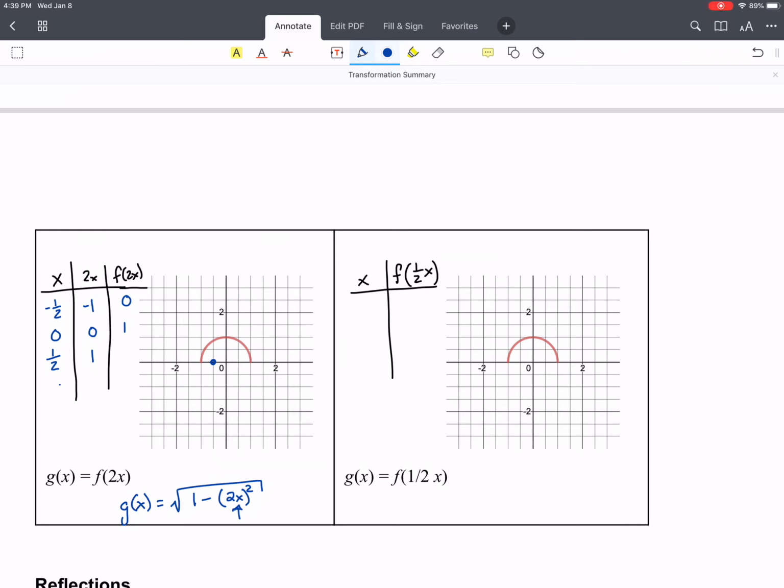When I plug in 1/2 for x, I multiply that by 2, I get 1. When I square that 1, I get 1. 1 minus 1 is 0, so then I get 0. So something interesting happens here, that when I multiply the input by 2, I get a horizontal shrink by a factor of 2, or it's scaled by 1/2.